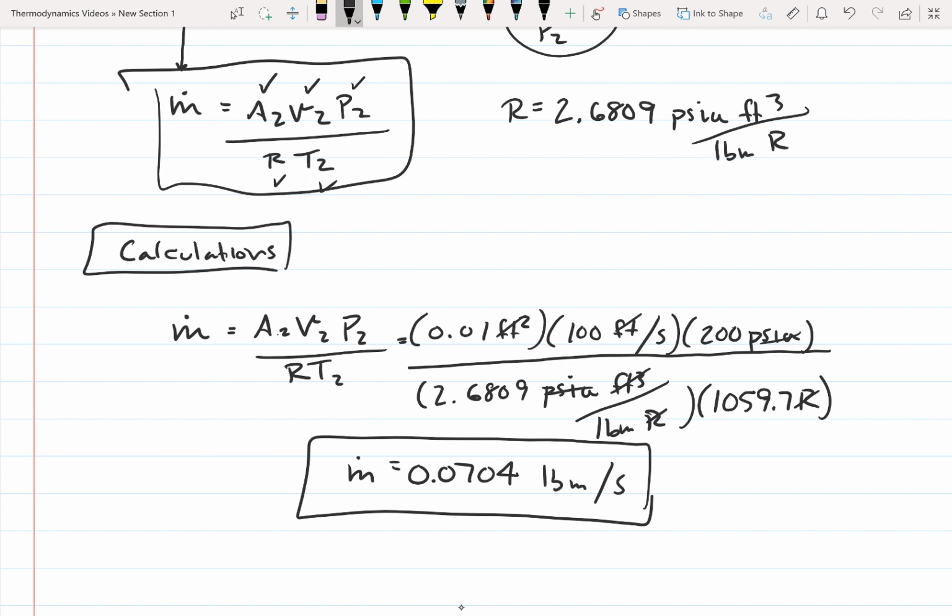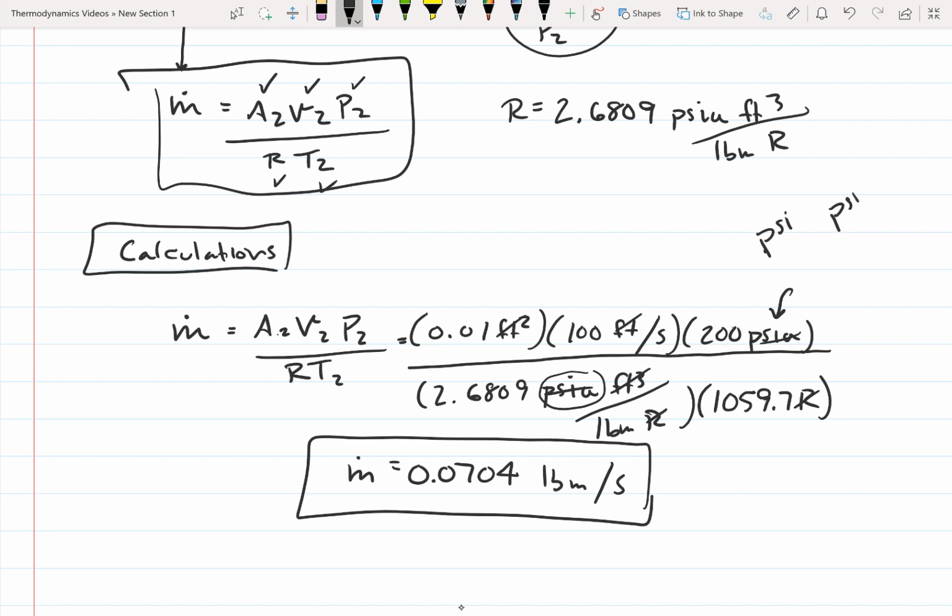And one thing I want to point out is a couple things. First of all, you want to make sure that you're using pressure absolute. And the reason why is because we have pressure absolute in our gas constant. So if it just said psi, you'll need to determine if it's gauge or absolute pressure.